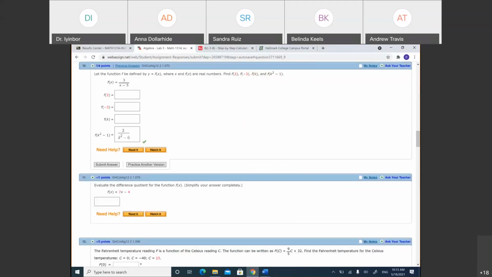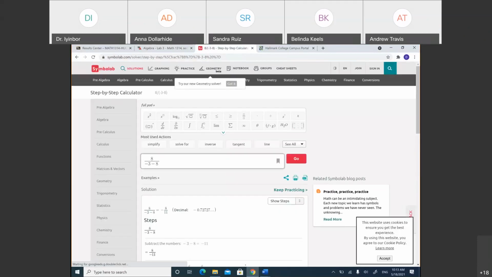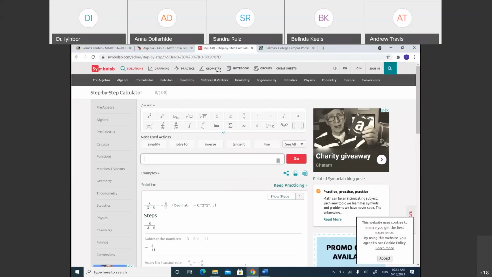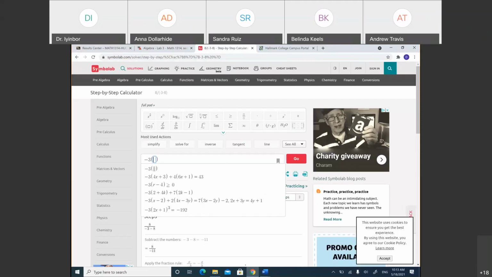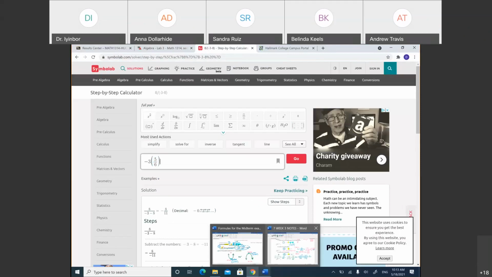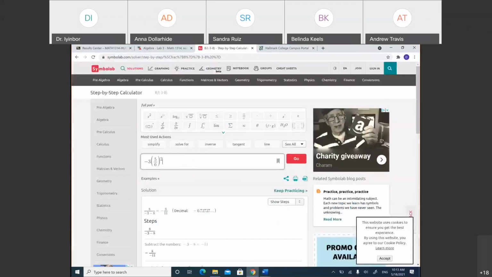So I'm going to go to my symbol app and plug it in there. So I have -3, parentheses, 5 over 6, and then squared. Plus 5 times 5 over 6, and then plus 7.